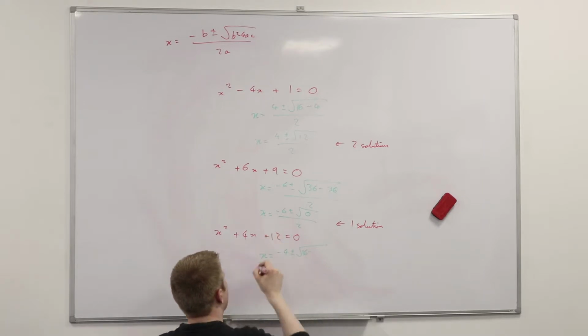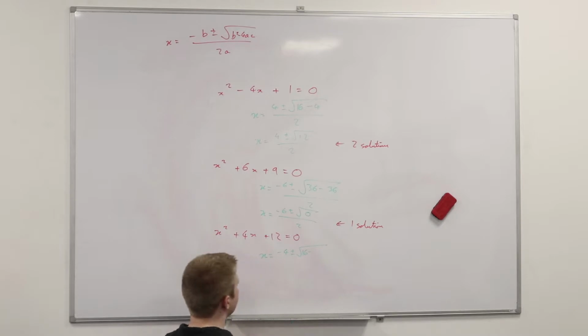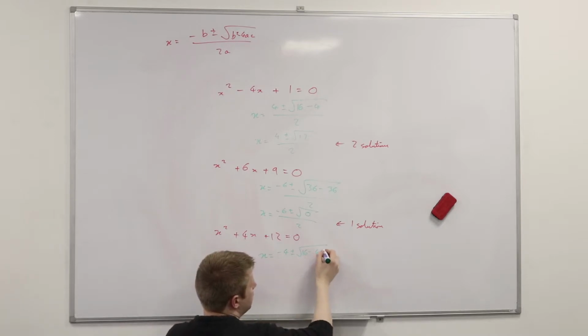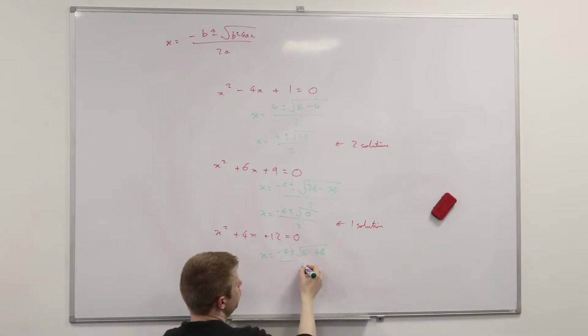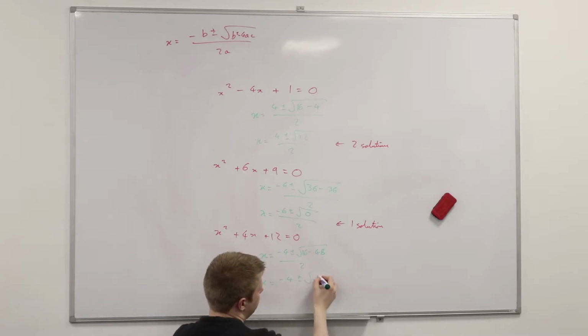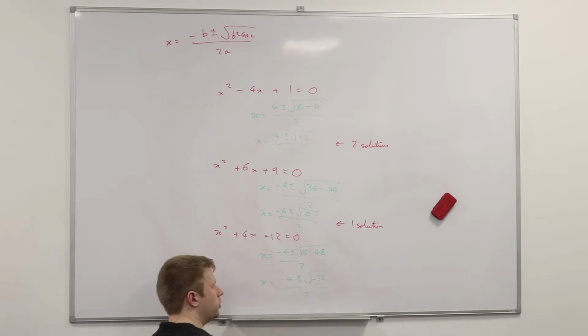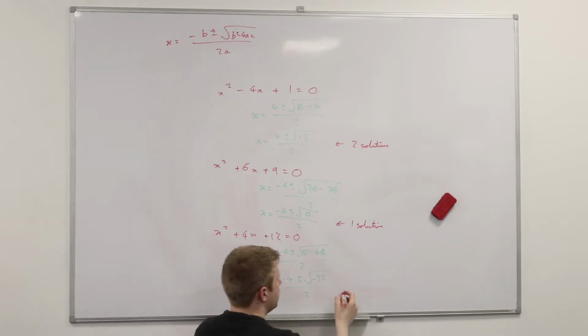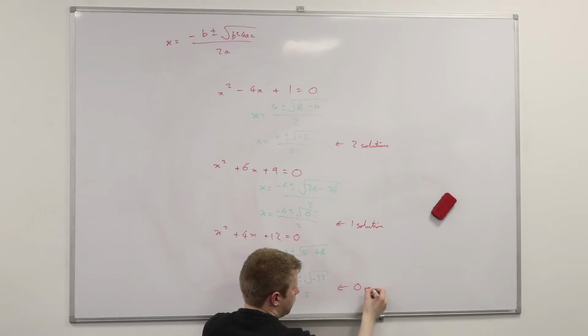Yeah, exactly. I wanted that, didn't I? Okay, negative 48, all divided by 2, which comes out as negative 4 plus or minus the square root of, well, okay, negative 48 plus 16 is negative 32. Over 2. Exactly, so there's no solutions there. There's no real solutions there.